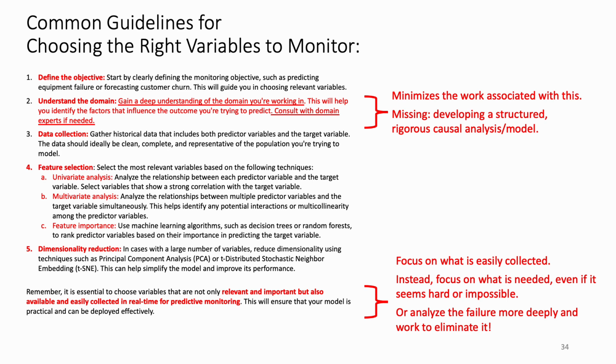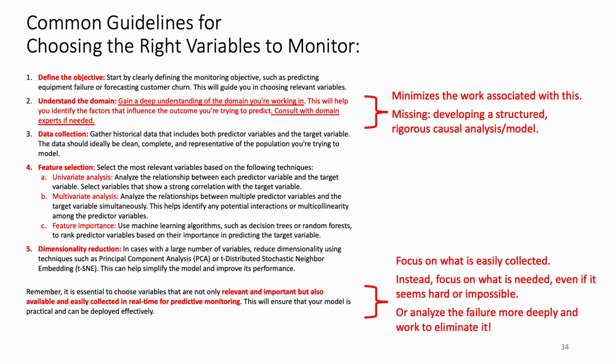However, look at number 2, understand the domain. The directions often minimize the work associated with getting a deep understanding. What does that really mean? Is there a rigorous causal analysis model that could be developed? Well, there's rarely any mention of some kind of rigorous process.